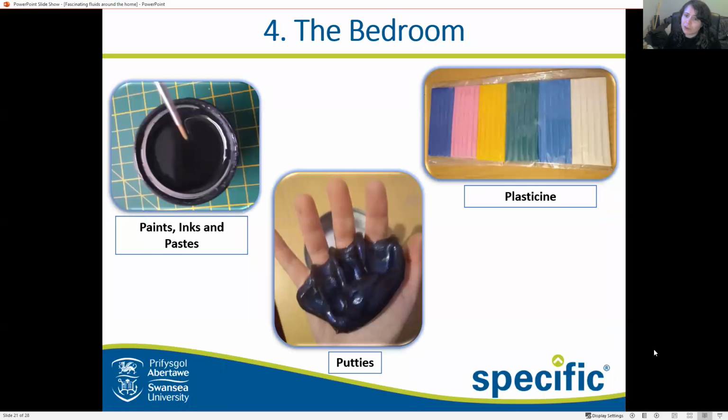Moving on to my favorite location, the bedroom. In there you will find a variety of paints, inks and pastes, some putties, and maybe some plasticine for modeling.